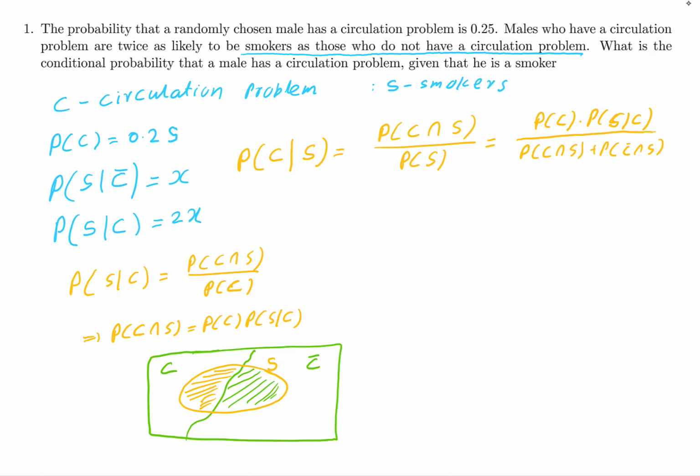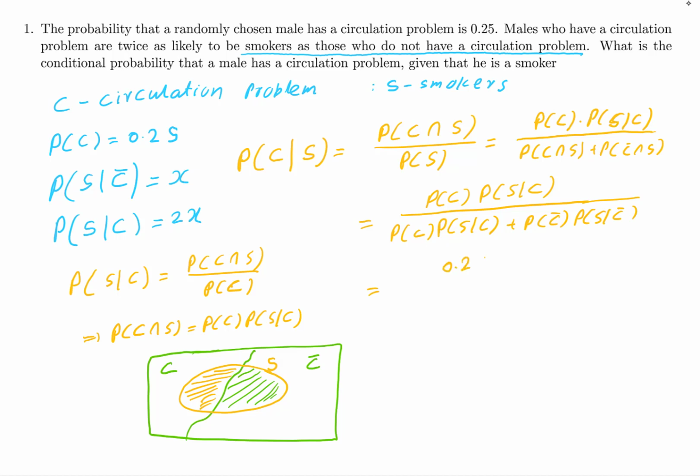But we don't have that information directly. Therefore, we can write it using the information here: probability of S given C. Using the same theory, probability of S equals probability of C times probability of S given C, plus probability of C complement times probability of S given C complement. Now we know all the information.